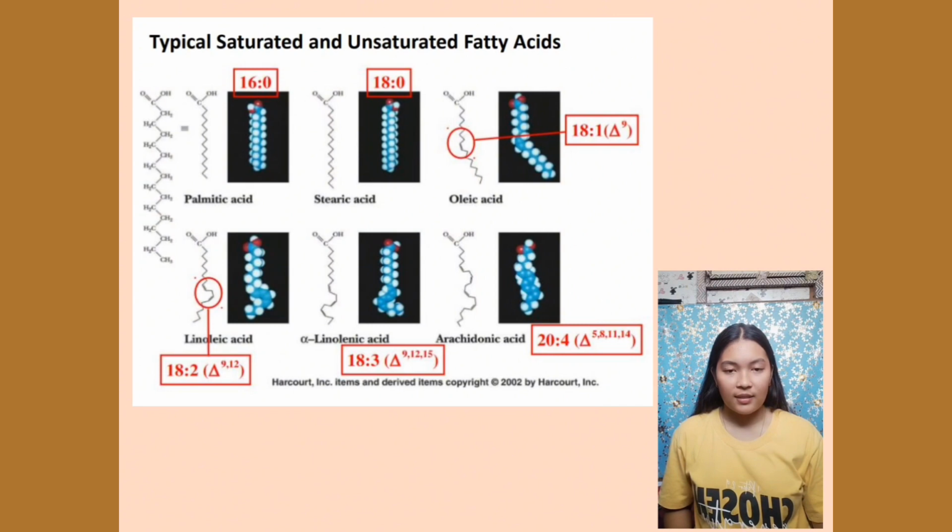Saturated fatty acids have all single bonds between their carbon atoms, while unsaturated fatty acids have one or more double bonds. The double bonds in unsaturated fatty acids create a kink in the molecule, which can affect how they pack together and interact with other molecules.